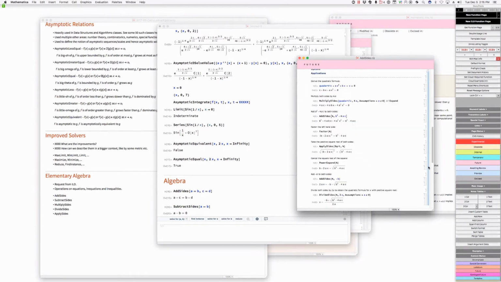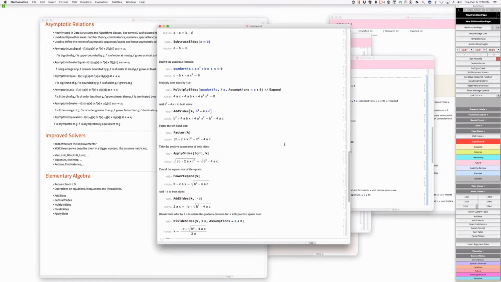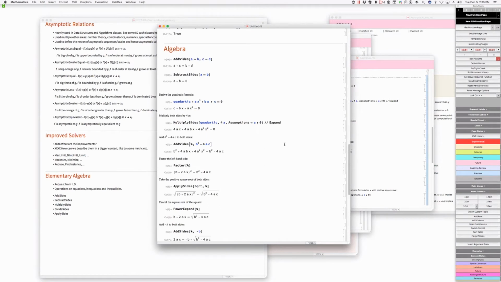Yeah. And you'll see that I needed that extra expand at the end in order to make it right. On the second line, after I multiply, it doesn't multiply out the sides. I needed that extra expand. Wouldn't that be a good thing to have by default?